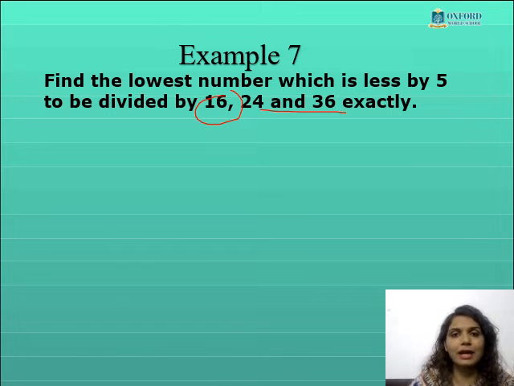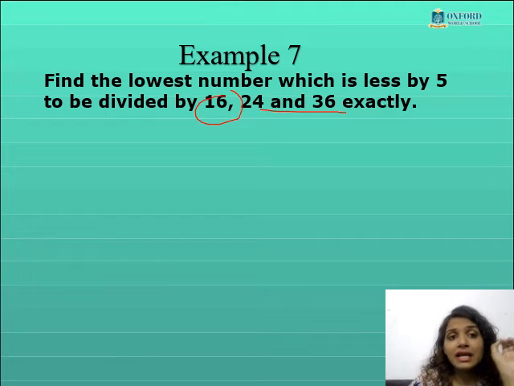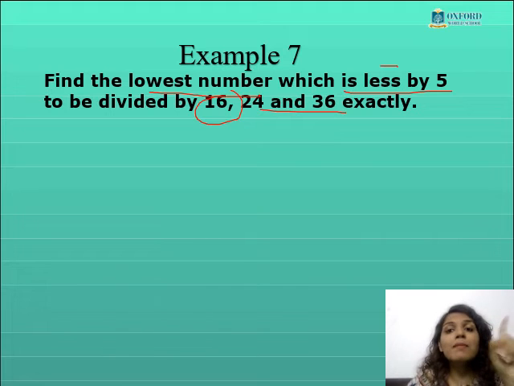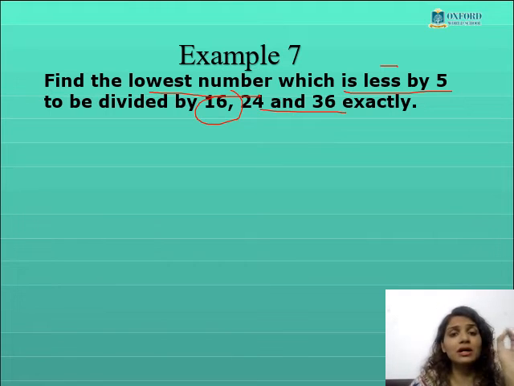But here the question is, find the lowest number. Okay, we have to find the LCM, but that number will be less by 5. Less by 5. Less means subtraction, right? So the number should be 5 less than the common number, the least common number.